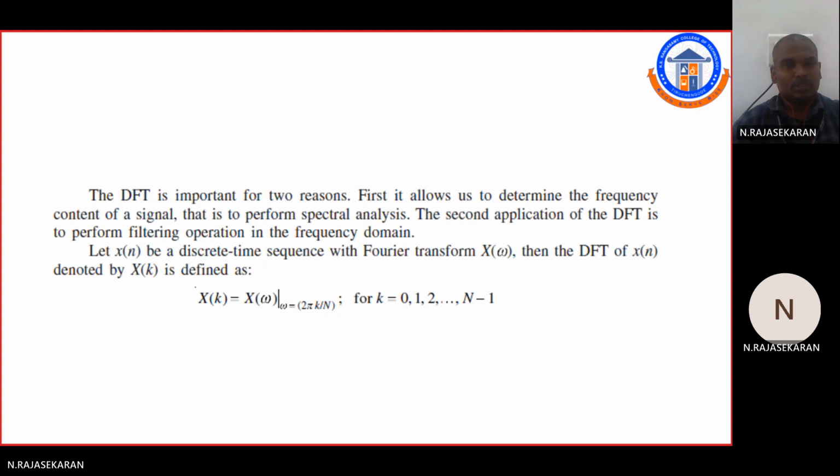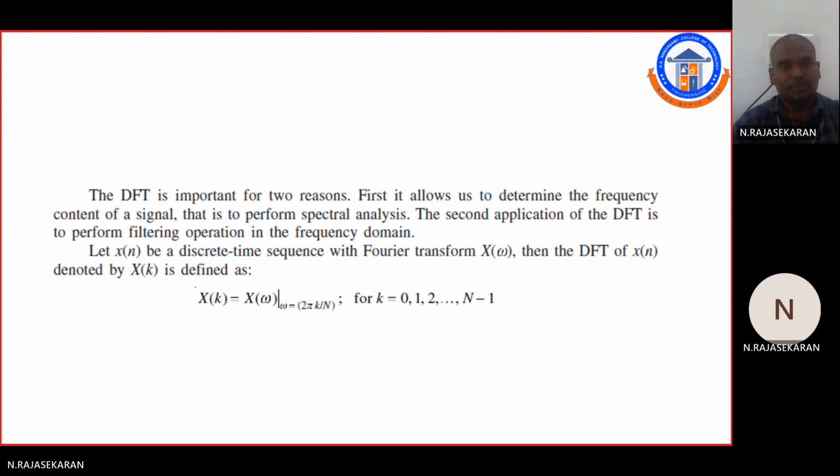This is another important thing. We have to separate which content in the signal is required and which is not. Then we can eliminate the signal which is not relevant to the original signal. That is what we call noise. That type of functioning is in the DFT.